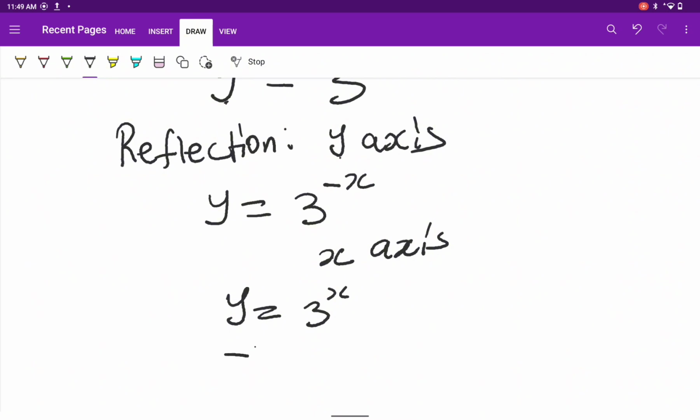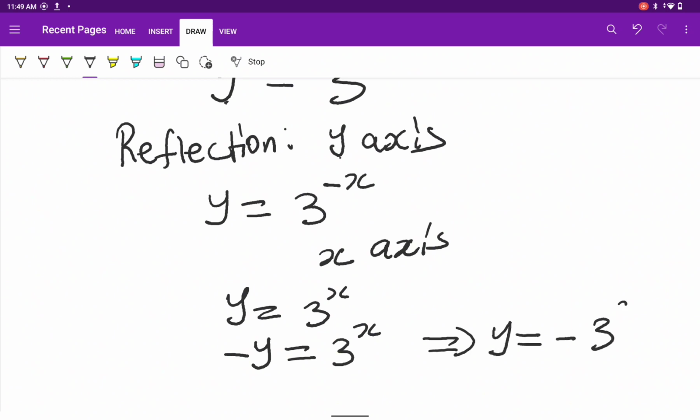So we'll have negative y equals 3 to the power x, and we multiply both sides by negative 1, so y will be negative 3 to the power x. So that will be the reflection along the x-axis. y changes the sign.